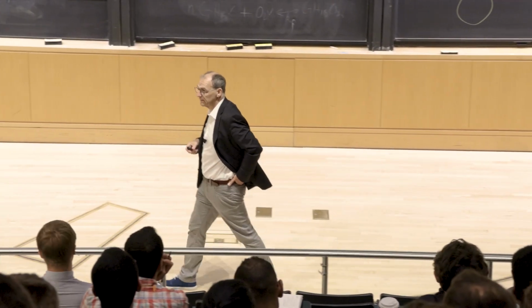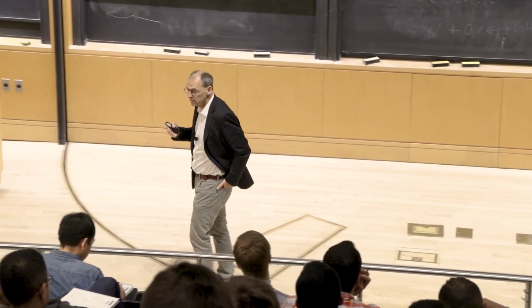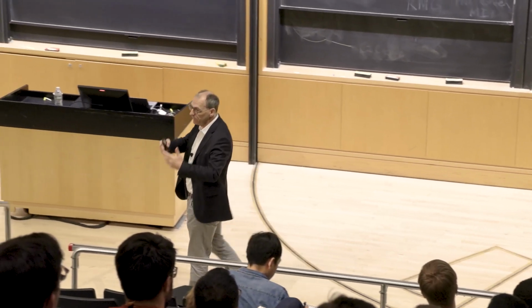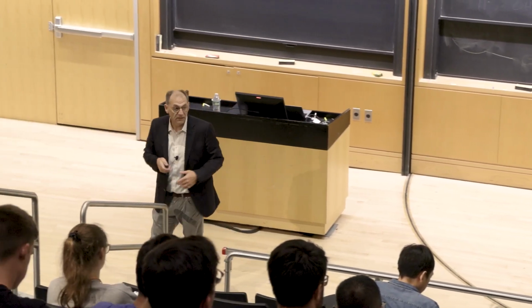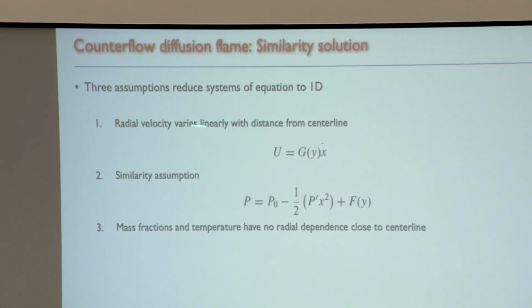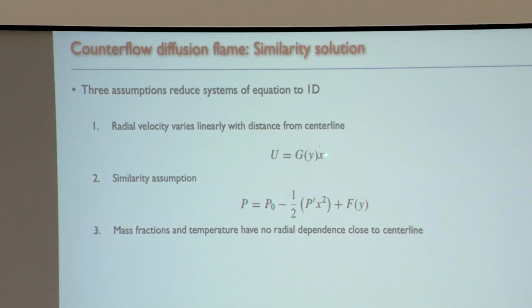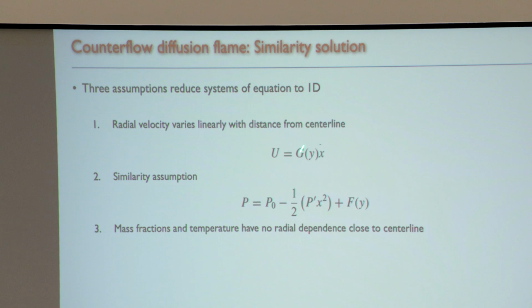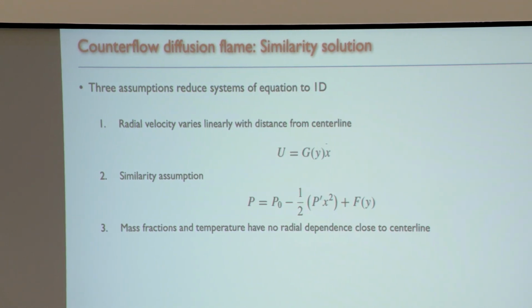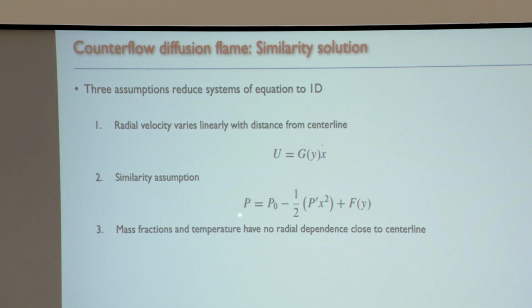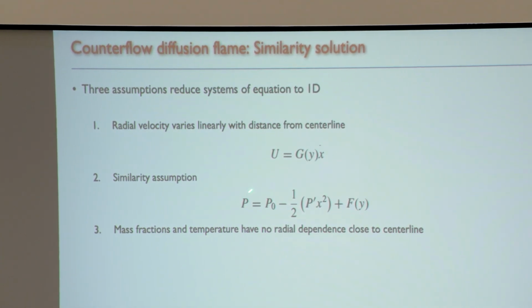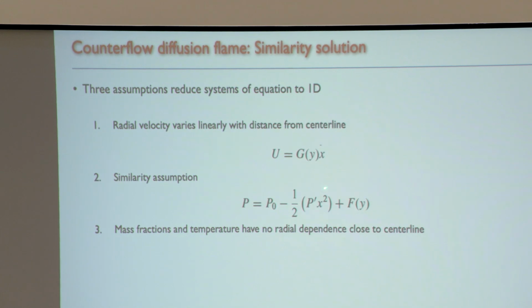Now we introduce a similarity coordinate in a way that we reduce this 2D field into a one-dimensional solution. And we do this by first saying the first assumption is that the u velocity is proportional to x, and otherwise it's only a function of y. That's a similarity assumption. And then the second similarity assumption is we assume the pressure can be written in terms of x and y separately, okay?